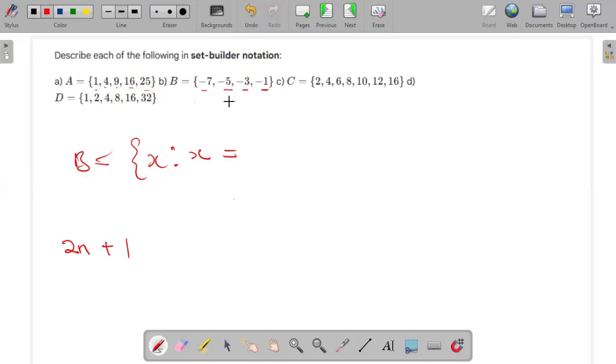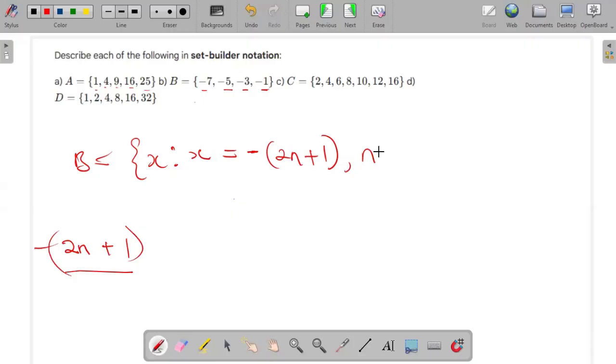They are odd numbers because when I divide by 2, they leave a remainder of 1. Of course, this formula will apply, but it has to have a negative in front of it. So X is going to be equal to negative 2n plus 1, like that. So this gives me the odd numbers.